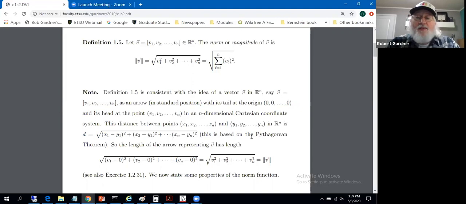The proof of this is based on the Pythagorean theorem. Pythagorean theorem is based on the parallel postulate. So all this stuff we're dealing with in Rn is Euclidean spaces, is how we define them. They satisfy Euclidean geometry. The parallel postulate holds. More informally, these are flat spaces.